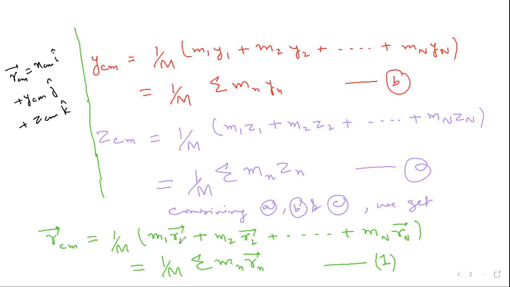Similarly, for particle 1, r1 vector would have three components: x1 i cap, y1 j cap plus z1 k cap, right? The XCM, YCM, ZCM are the components of RCM. X1, Y1, Z1 are the components of r1. Same goes for other position vectors, right?